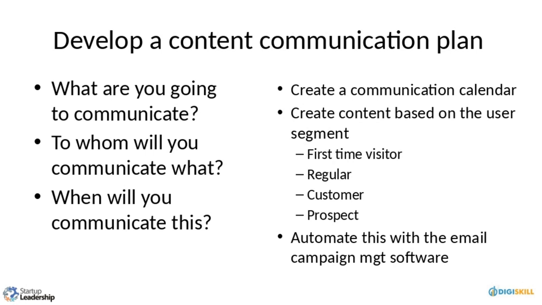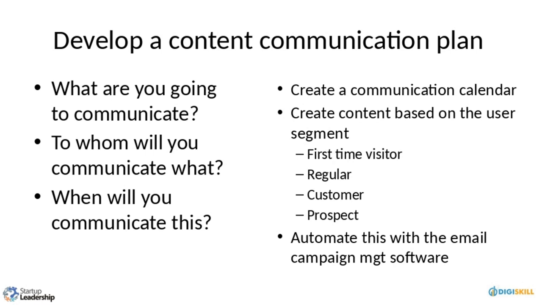So that's 9 emails in a span of 1 month. It has statistically been shown that these 9 emails will improve your trial to purchase conversion levels for somebody running a SaaS subscription based model. You need to plan these 9 communications well in advance and automate them. So that is one communication that you're sending out to people who have taken up your trial package on your SaaS product.